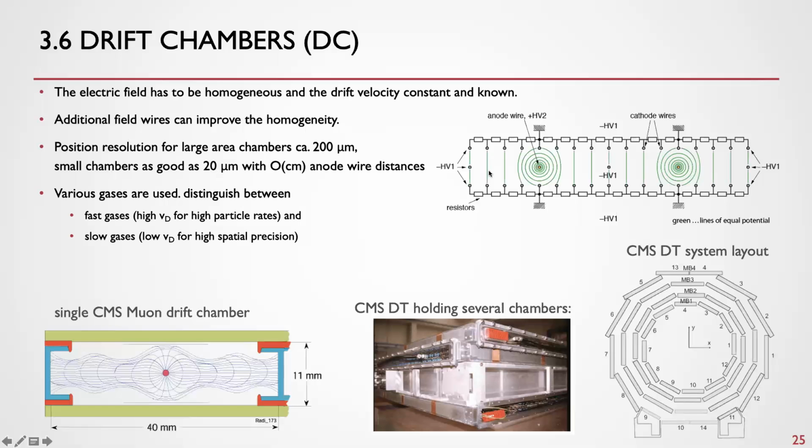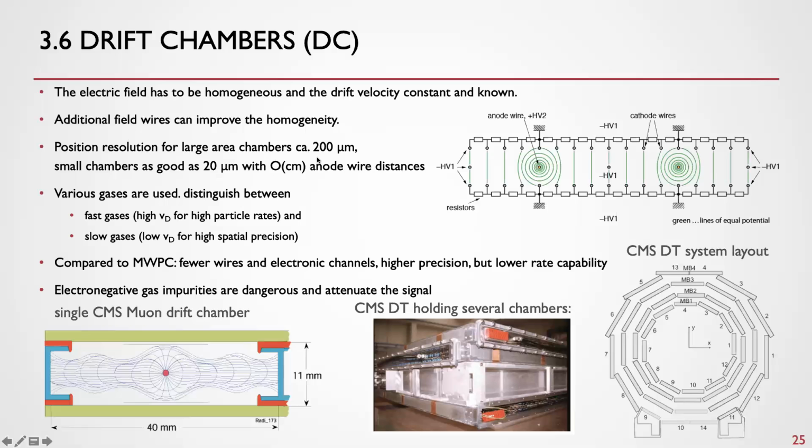Slow gases allow good timing resolution, a good measurement, and good control on the drift velocity, and therefore improve the spatial resolution. One can compare the drift chambers with the multi-wire proportional chambers. The advantage here is that one needs fewer wires.